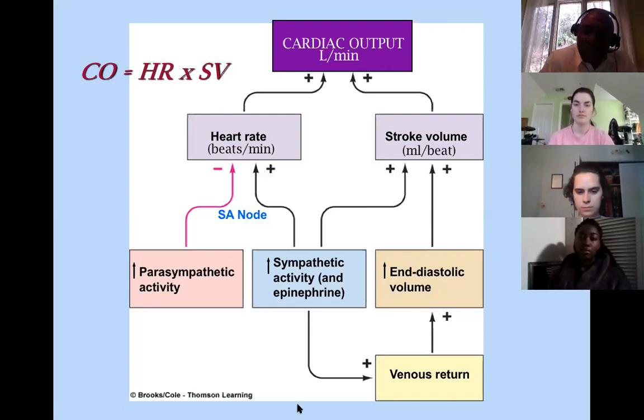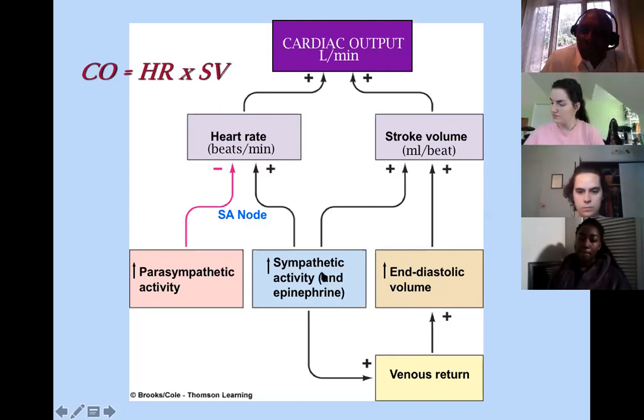Okay, then the third factor is the venous return. So these three factors impact the stroke volume: sympathetic, end diastolic volume, venous return.